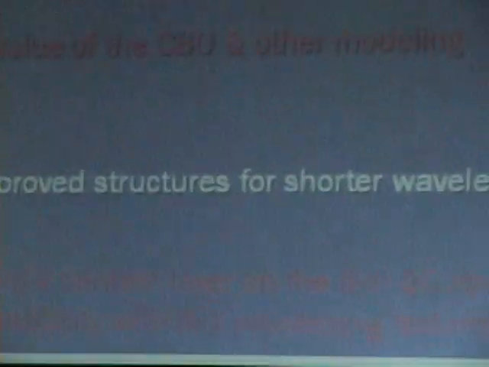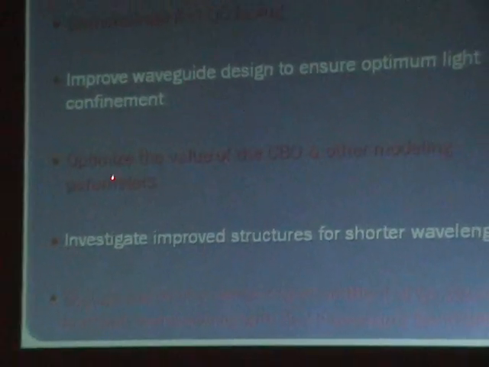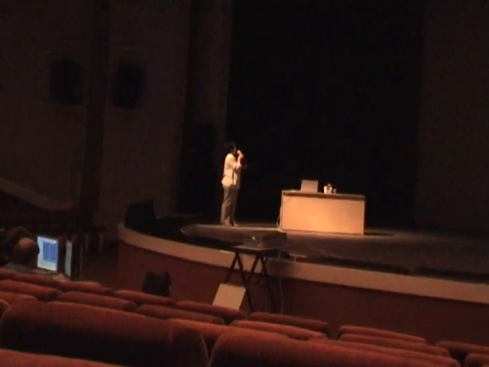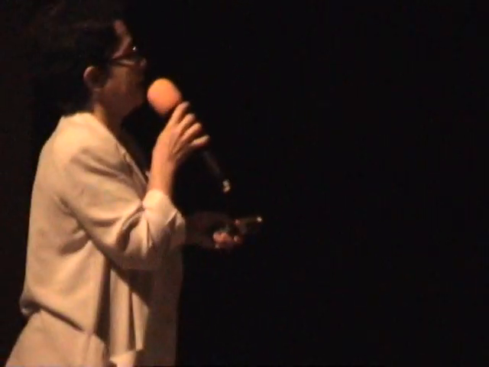And so what we're working on now is, of course, we're trying desperately to demonstrate lasing, even in the samples we've grown so far, and in slightly improved structures. To do that, we think the waveguide is the key, optimizing that and making it of the right thicknesses. In order to better model the samples, we believe that fine-tuning the conduction band offset and the other modeling parameters would be very helpful, so we have an effort on that.